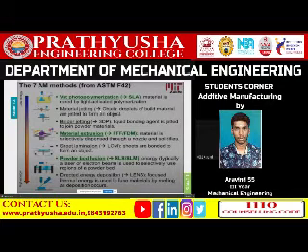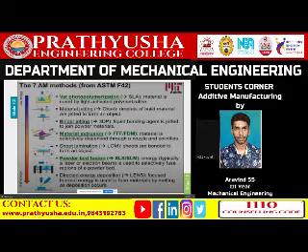I have ranked the processes from low energy to high energy. The low energy will be SLA, photopolymerization, and the higher energy will be direct energy deposition, or powder bed fusion.